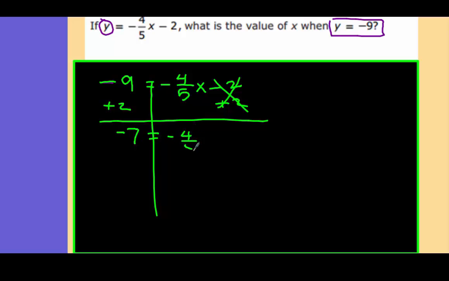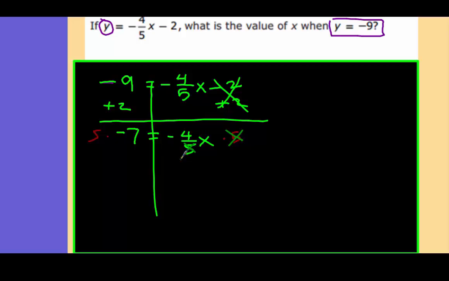Negative 4 over 5x. That thing on the bottom, we multiply by that thing on the bottom. The bottom is a 5, so you multiply by 5. What happened there is this 5 and that 5 are gone, because it's the bottom.